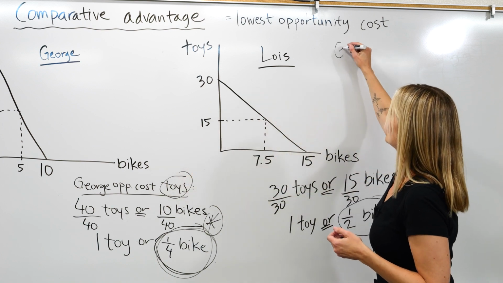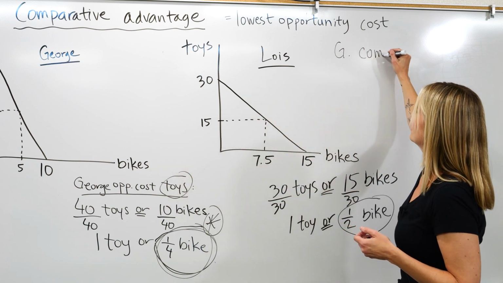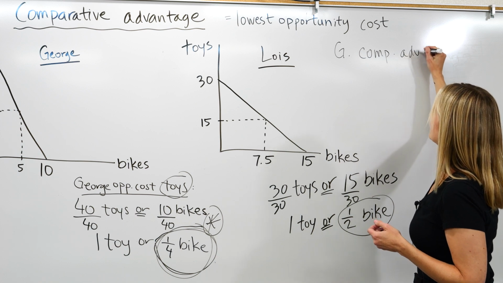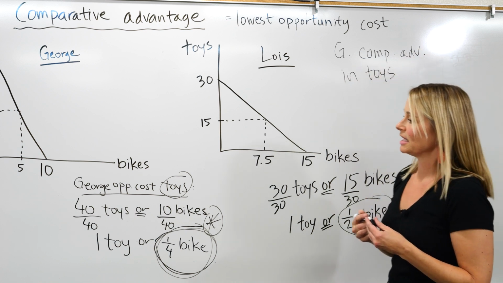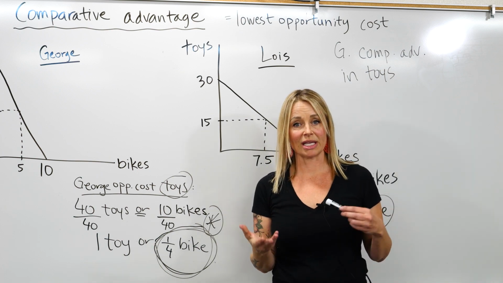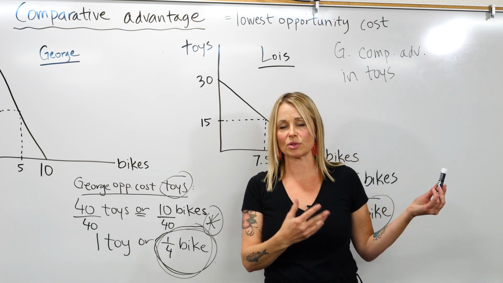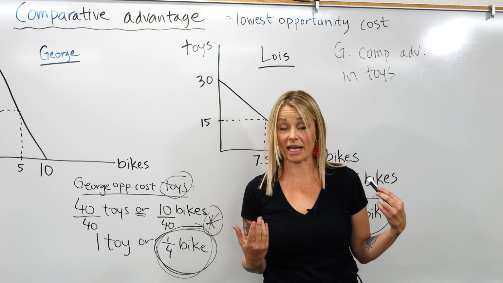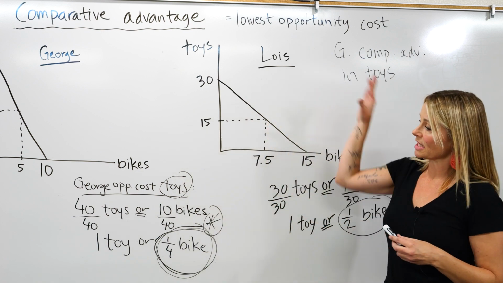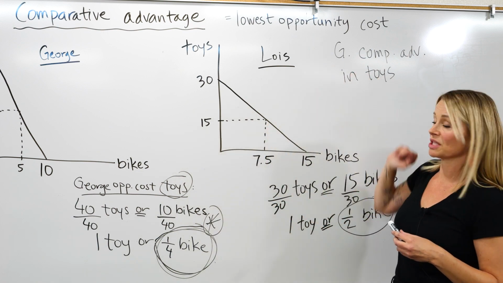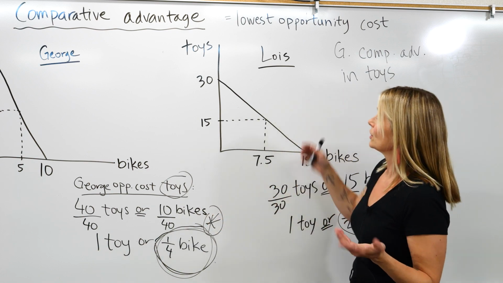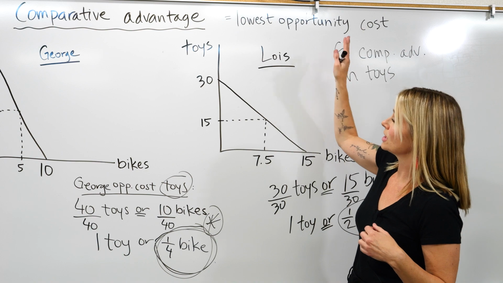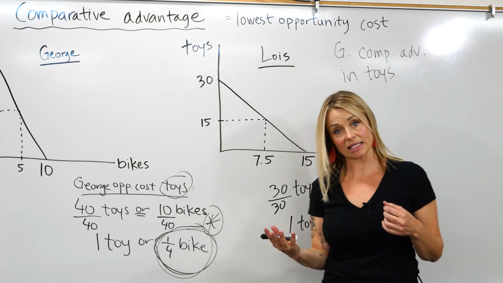So George has comparative advantage in toys, meaning that when he makes a toy, he gives up less of the other things. So it's relatively cheaper for him to make that item. So what's going to happen is that we're going to have George focus on just making toys. And what we're wondering, though, is who has the lowest opportunity cost or comparative advantage in bikes?